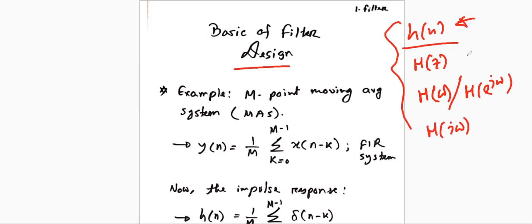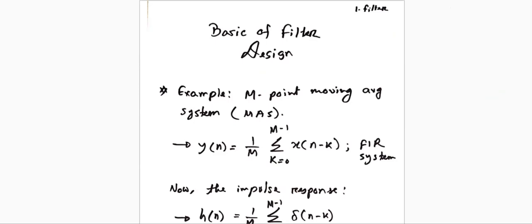This is in the time domain. This is in the z transform after doing that, and this is after the Fourier transform. So whenever we are talking about the filter, basically we are talking about a system where this is the impulse response, meaning the impulse response of that system.